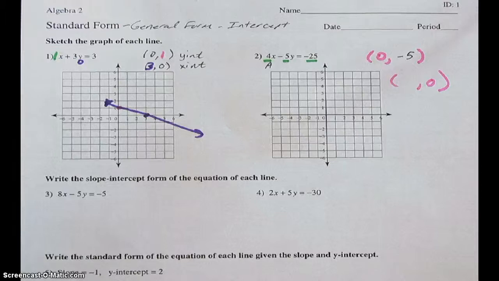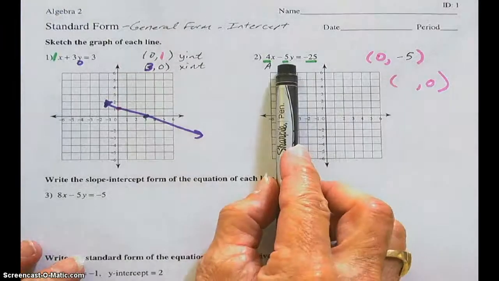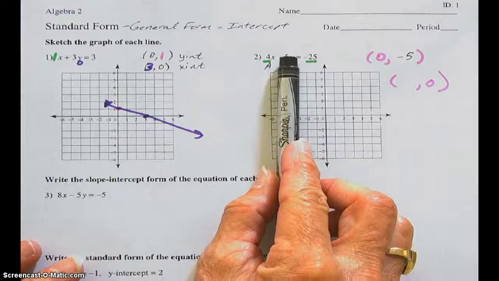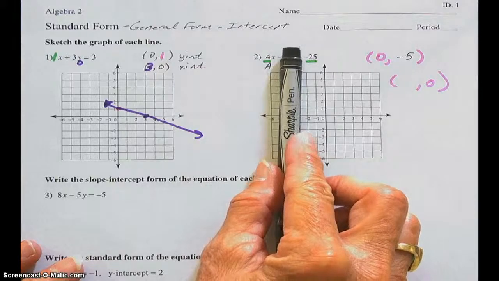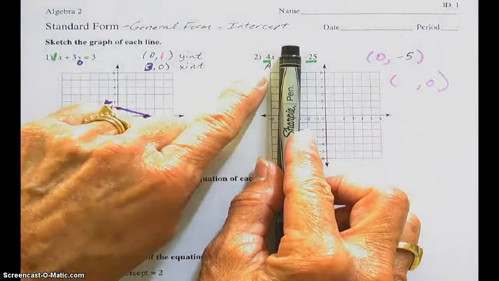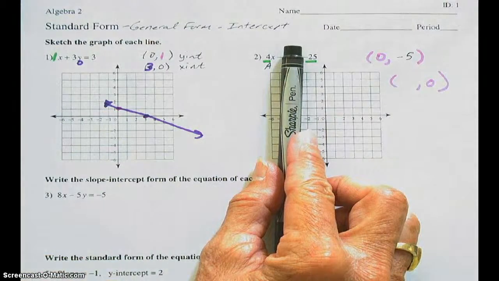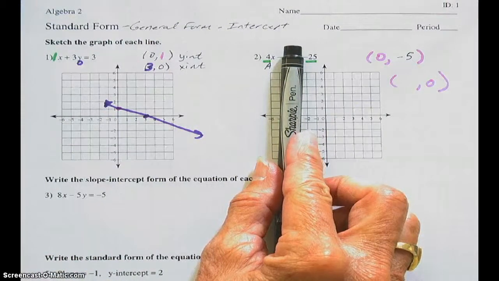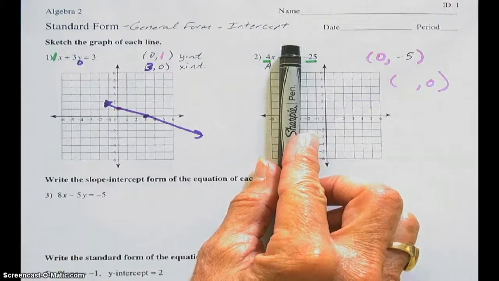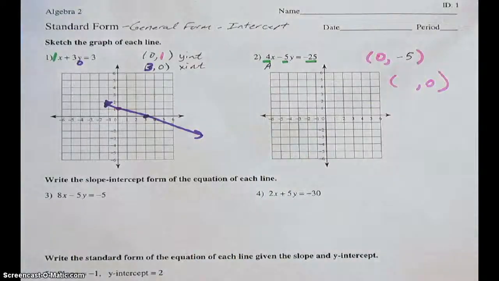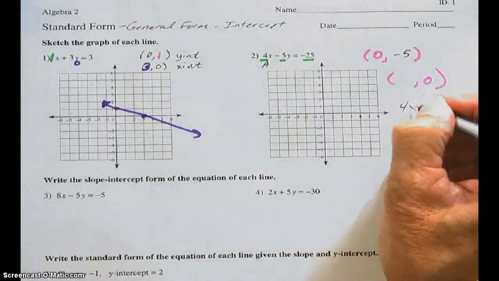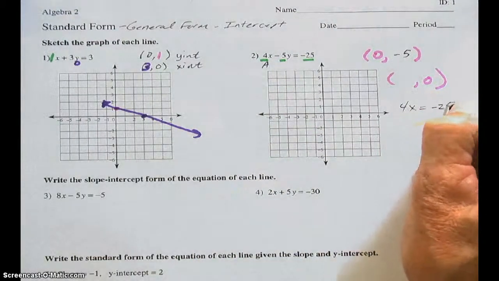The x-intercept in this case is a little trickier because if I put y equal to 0, this will go away. And if I say to myself, 4 times what is exactly negative 25, there isn't a real good value for that. So it's going to be a decimal value. So how do I graph that? 4 times what value equals negative 25?